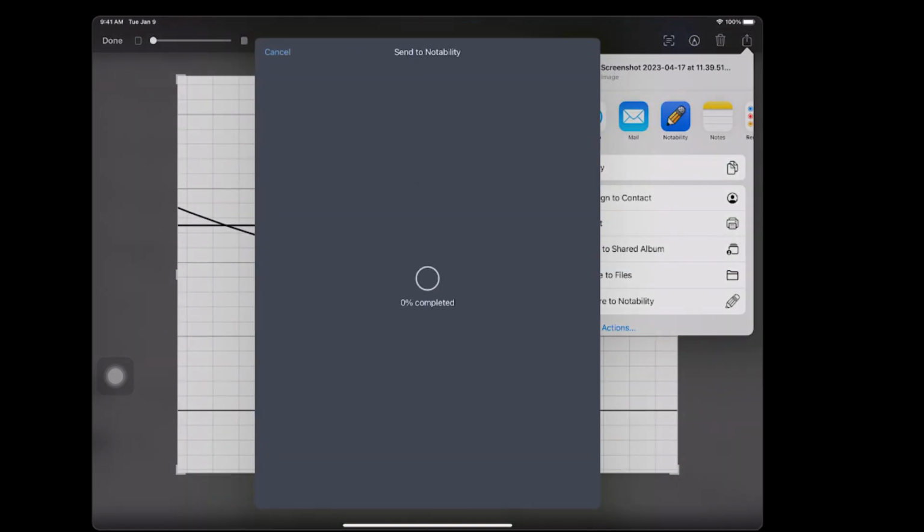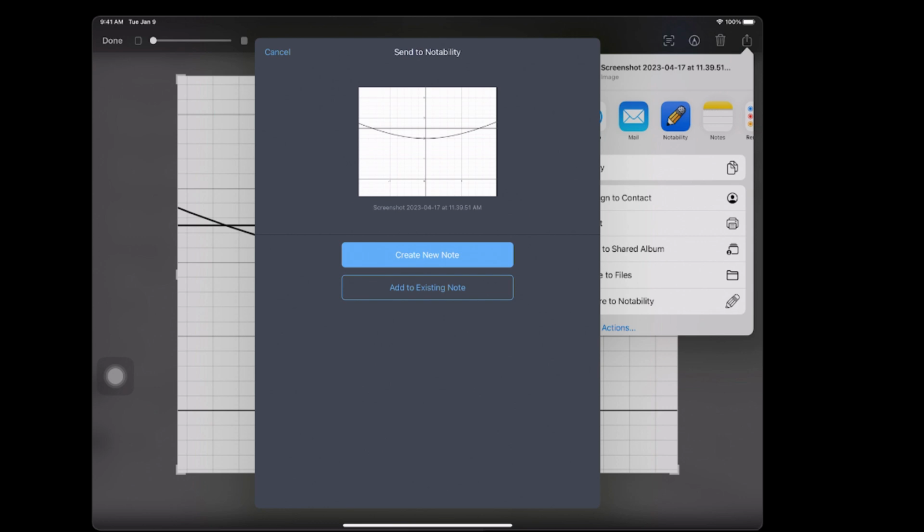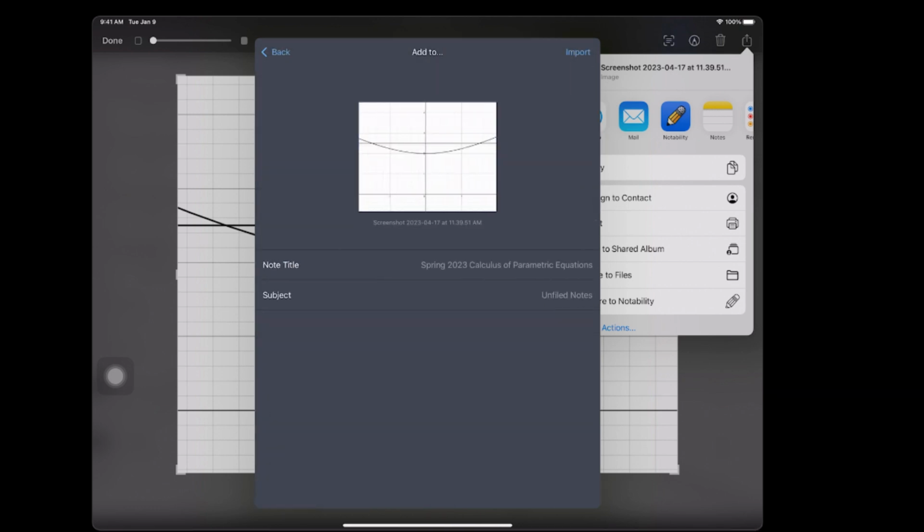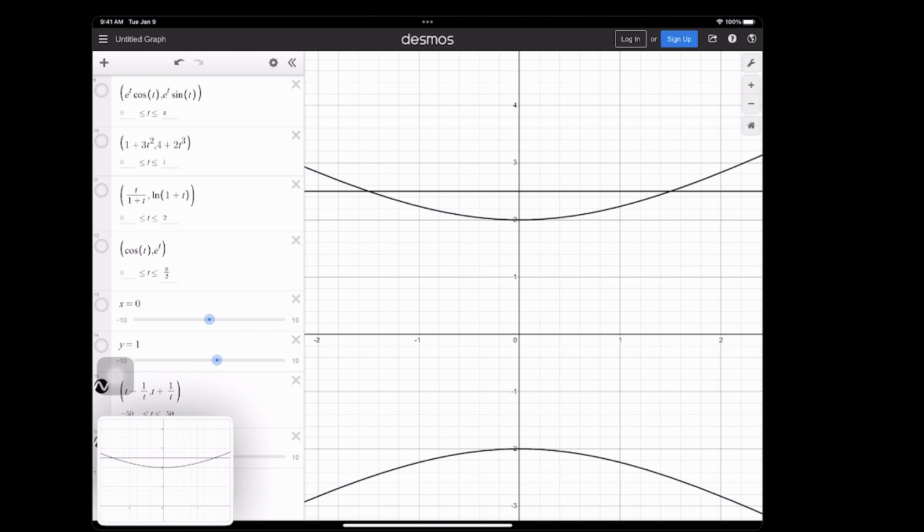So we're going to add to existing note. Which one is that? I think it's the top one. Here we go.